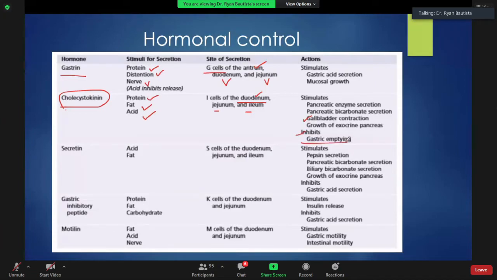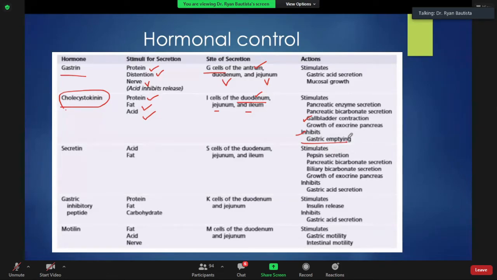What does that mean? Because your stomach just poured in hydrochloric acid, just poured in fat and protein in your duodenum. Your duodenum now will be secreting CCK, that will go to the pancreas and to the gallbladder to release its enzyme for digesting that fat and that protein.